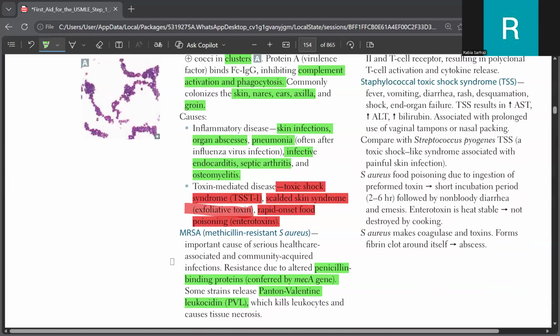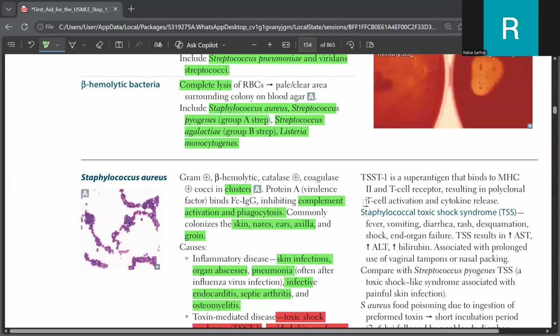Now, regarding TSST-1, it is a superantigen that binds to MHC II and T cell receptors, resulting in polyclonal T cell activation and cytokine release. So it is like a cytokine explosion or cytokine cascade. Then we have staphylococcal toxic shock syndrome, or TSS.